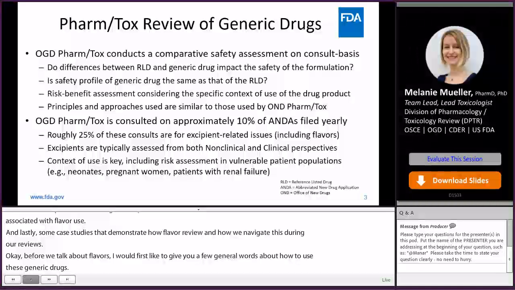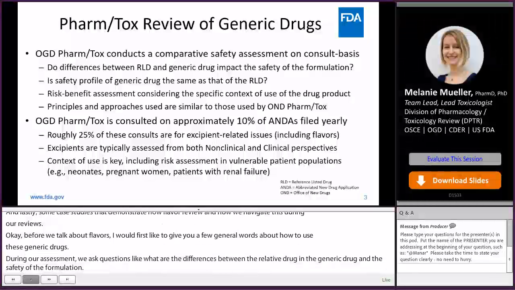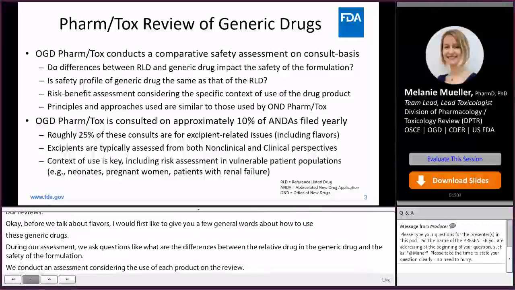We conduct a risk-benefit assessment considering the specific context of use of each drug product under review. And during our reviews, we employ principles and approaches that are similar to those used by our PharmTox colleagues in the Office of New Drugs.